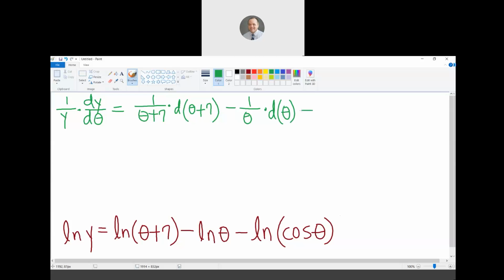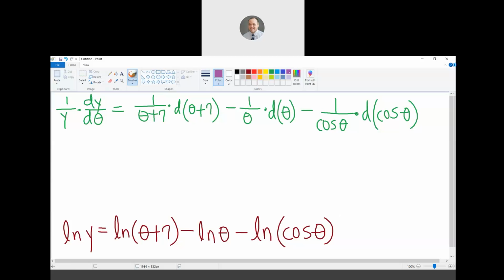Minus the derivative of natural log of cosine is 1 over cosine of theta times the derivative of cosine theta. Now let's get these derivatives out of the way.